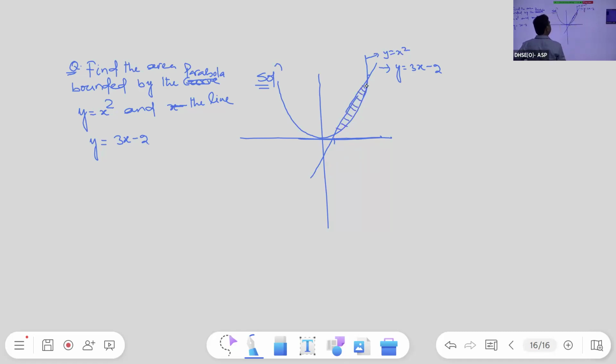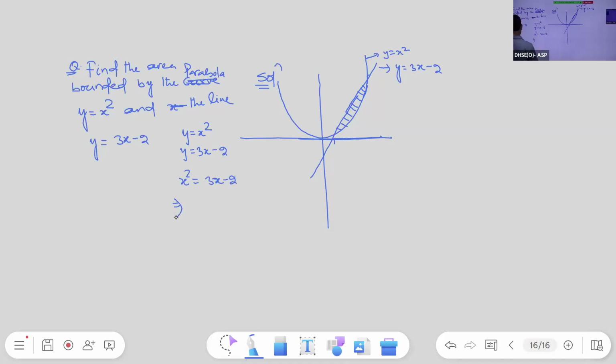These are two intersecting curves. To find the area, we have to find the x coordinates of the point of intersection if you want to find the area with respect to the x-axis. So one curve is y is equal to x square. Another curve is y is equal to 3x minus 2. So x square is equal to 3x minus 2.